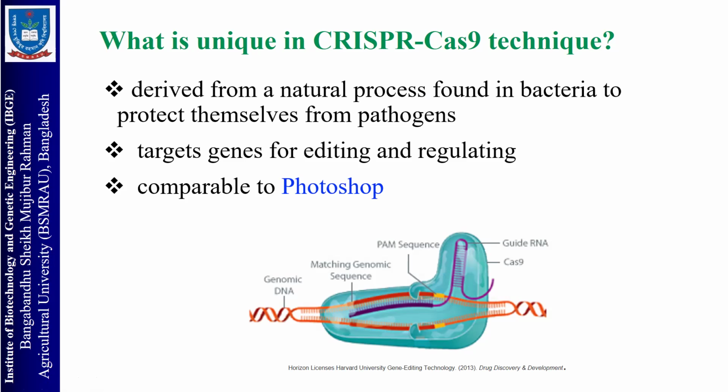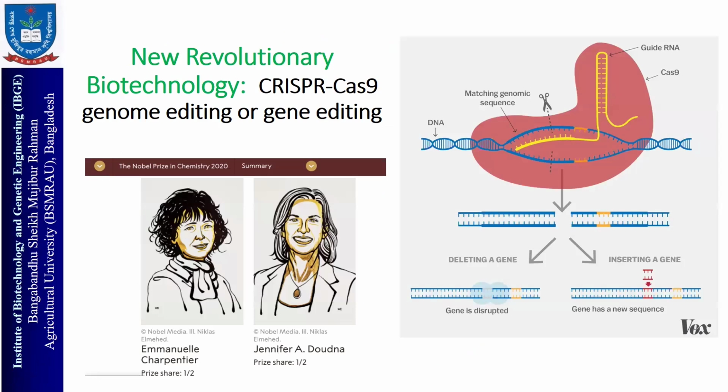Really a simple technique. And here, a simple illustration. Here you can see the yellow guide RNA you targeted, and the matching genomic sequence of what you are targeting. And this red one is the Cas9. So the CRISPR-Cas9 system, the construct you developed, cuts the double strand this way.